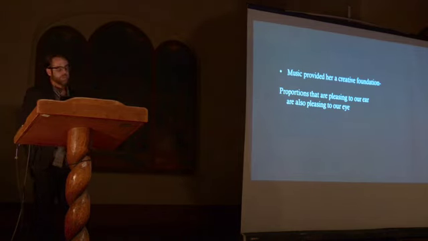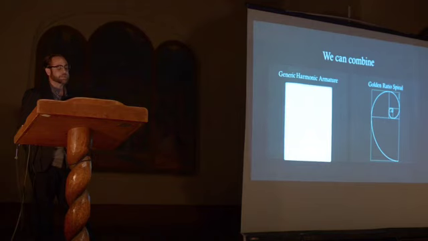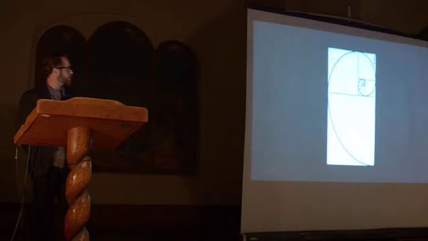So at this point, we can start to put things together. If we look at our basic frameworks with the harmonic armature and the golden ratio, we see a movement towards one of these intersections of thirds. And this, of course, is depending on which way you have your spiral moving.